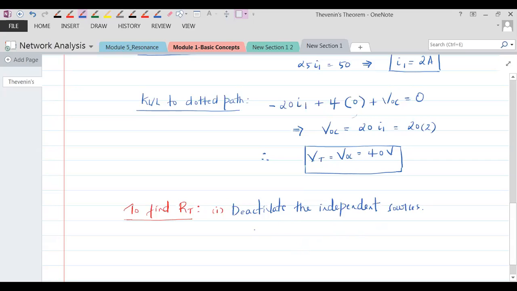Okay, deactivating an independent source means short circuit what? Voltage source. And open circuit what? Current source.